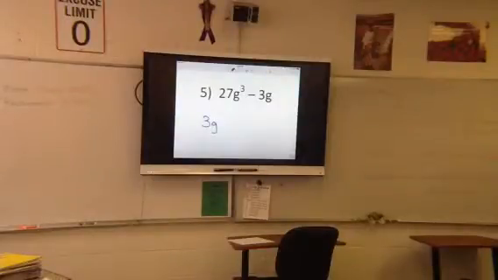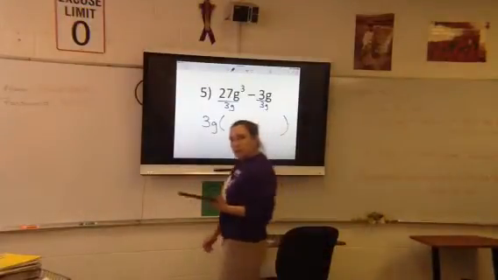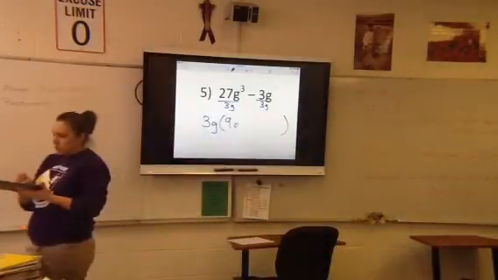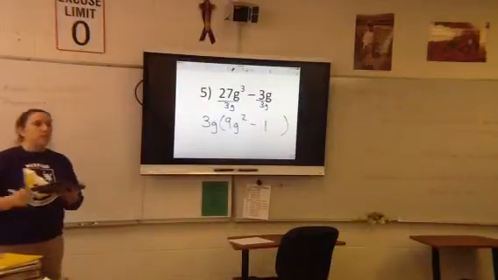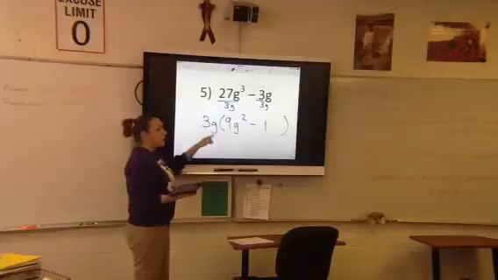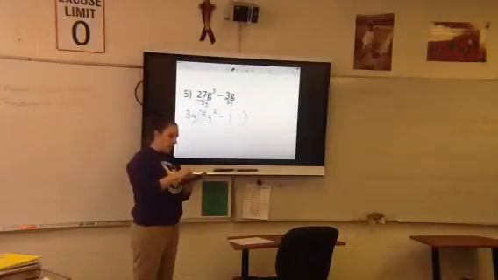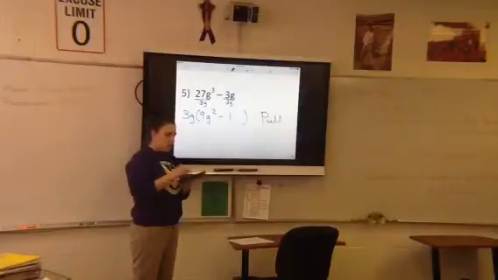All right, so now when I do that, and again, if you need to write it underneath there, go ahead and do that. What is 27G to the 3rd divided by 3G? What do we get there? 9G squared, good. What's 3G divided by 3G? 1, okay? So first thing I'm going to do, I'm going to write a note off to the side here: pull GCF.